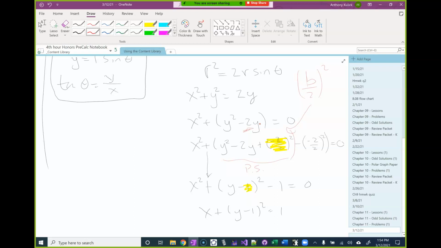The reason I like to do it there is if you had a coefficient here, then adding it to both sides isn't quite right. So I always think about it this way and then think about kicking it out of the parenthesis because I won't be apt to forget about the coefficient. But I don't think that happened on any of these problems, and it certainly wouldn't happen on the test.